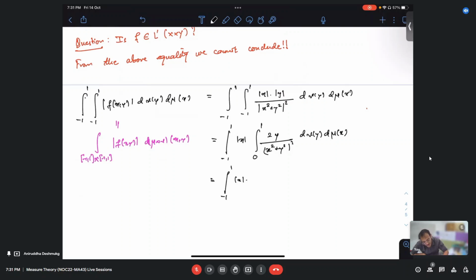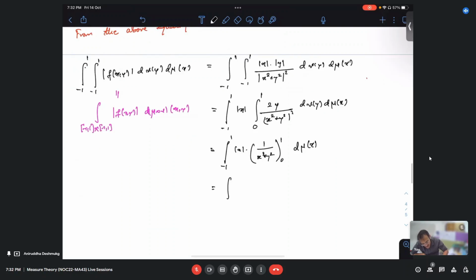This is actually the derivative of 1 over x square plus y square. So it is 1 over x square plus y square on 0 to 1, d mu x, which is further the integral from minus 1 to 1 of mod x over 1 plus x square minus mod x over x square, d mu x. For one time I put y equal to 1, the other time I put y equal to 0.